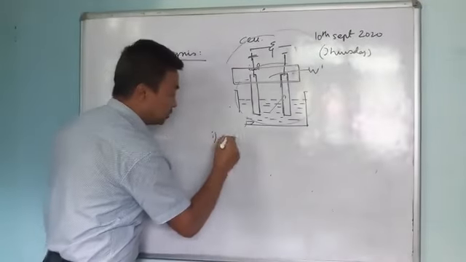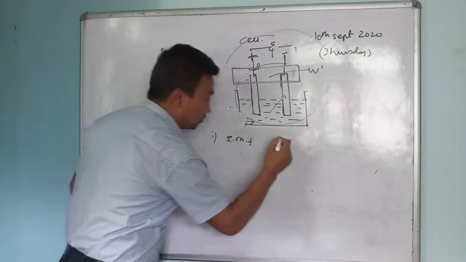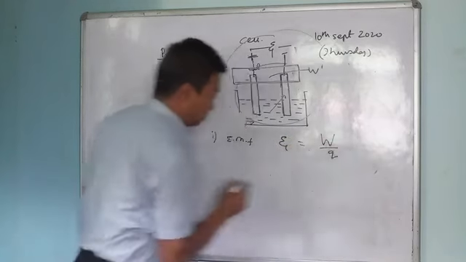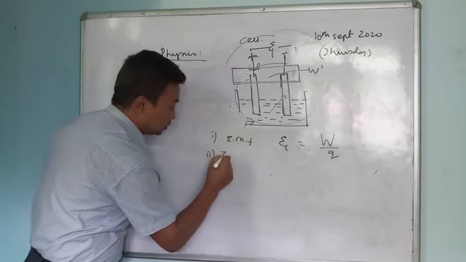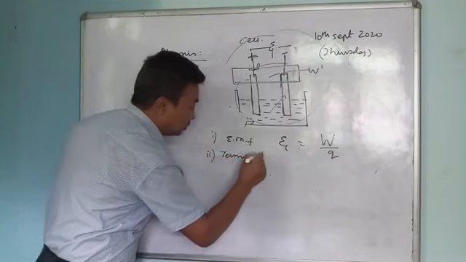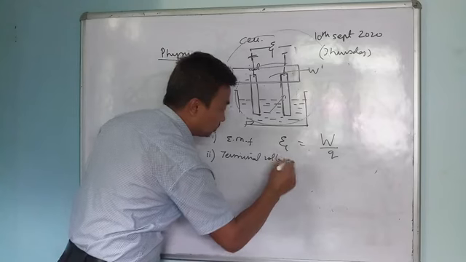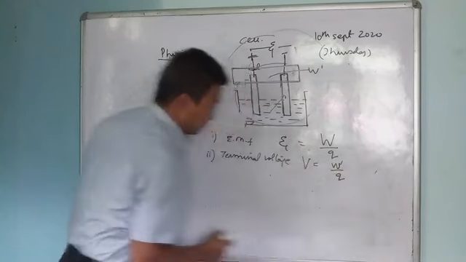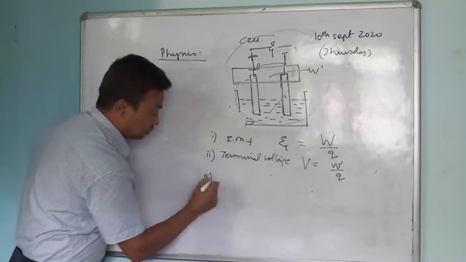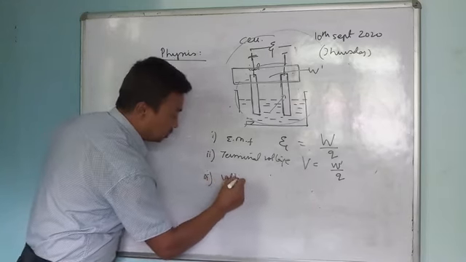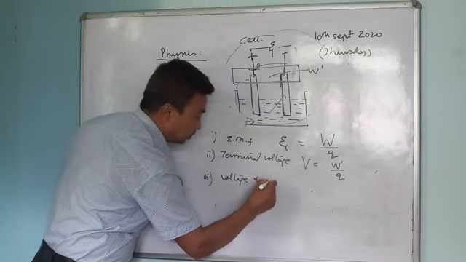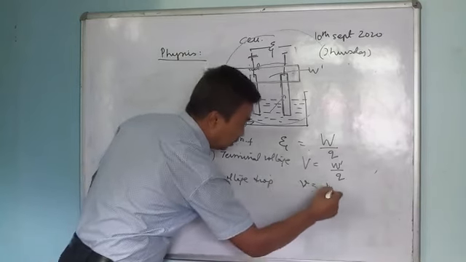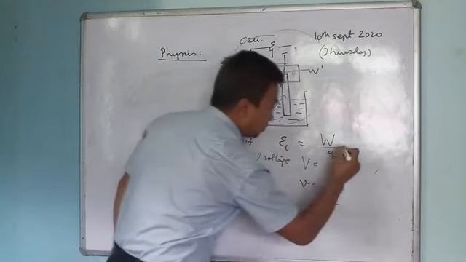Number one is EMF, which is given by the symbol W by Q. Number two is the terminal voltage, which is given by V equals W dash by Q, and number three is the voltage drop. The voltage drop is given by small v, which is small w by Q.